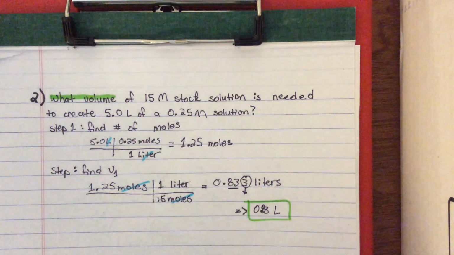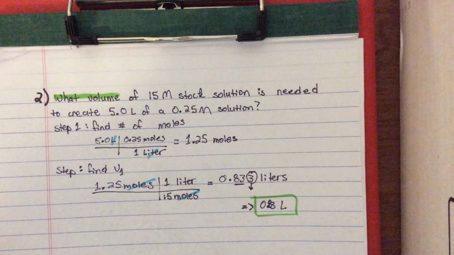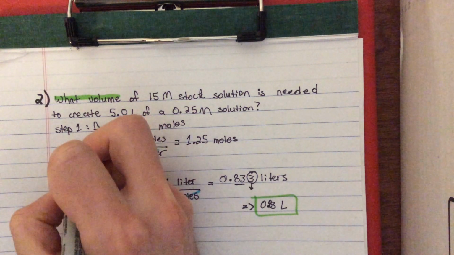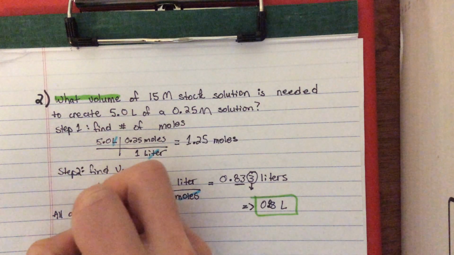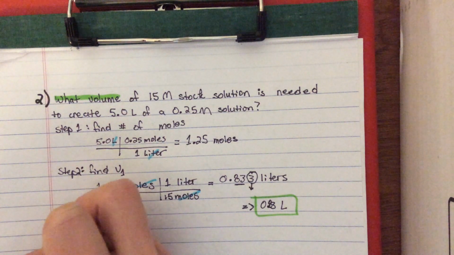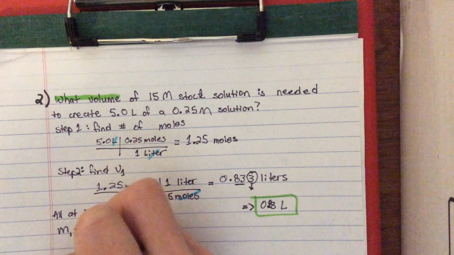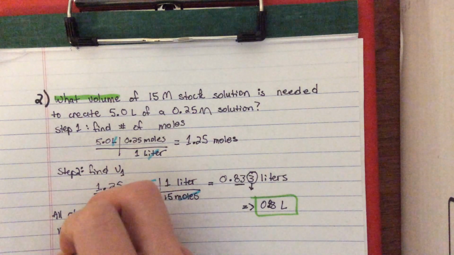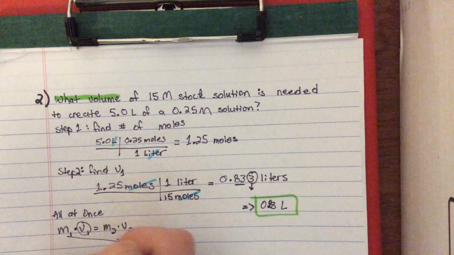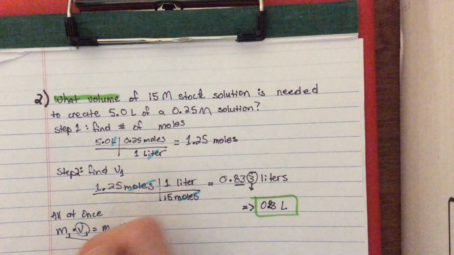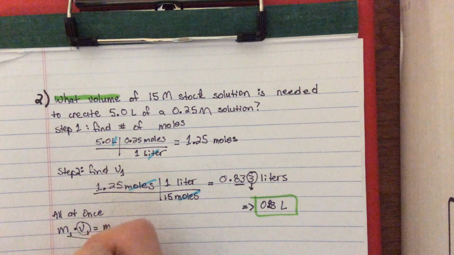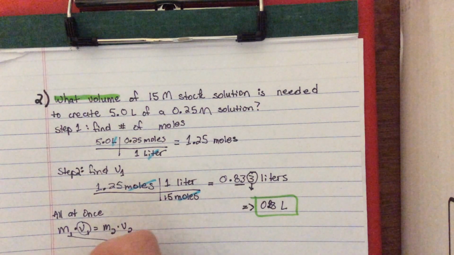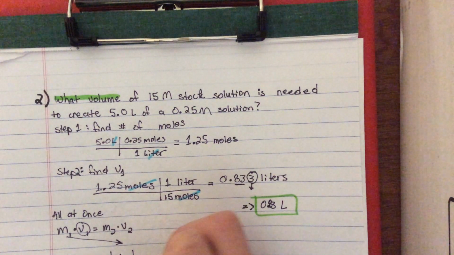If we want to do this all at once, using the dilution equation, M1 times V1 equals M2 times V2. We are searching for the initial volume, so we're going to have to move M1 down into the denominator, which will leave us with V1 is equal to M2, V2, and in the denominator M1.